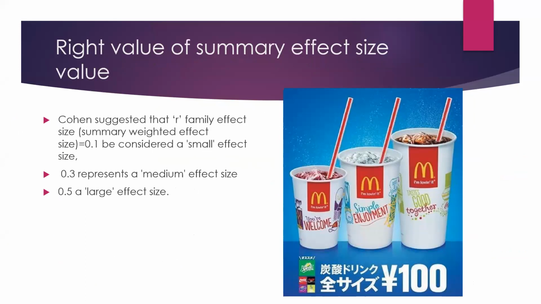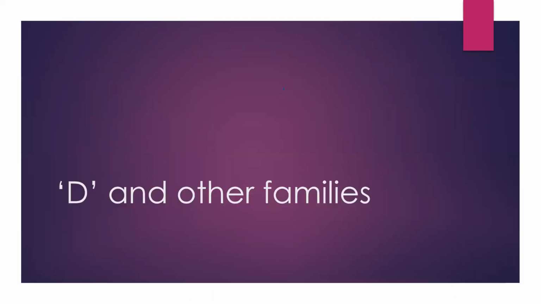So as per Cohen's, when you are calculating an R family effect size, anything somewhere around 0.1 is considered small, 0.3 to 0.5 is medium, and anything above 0.5 is a large effect size. These values, as per Cohen, will change when I am calculating a D family effect size. So let me quickly go to the D family.